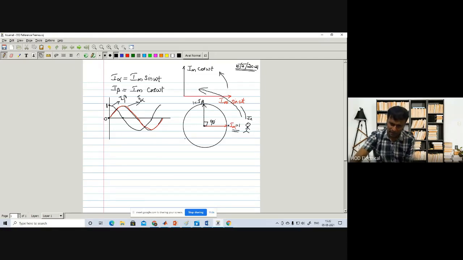Whatever changes may be happening, as I am also circulating through the circle with another one car at the same speed of I alpha and I beta, I can assume that I alpha is always 0, I beta is always 1. So even though the sine waves are changing in a zigzag fashion, 0, 1, minus 1, 0, minus 1.